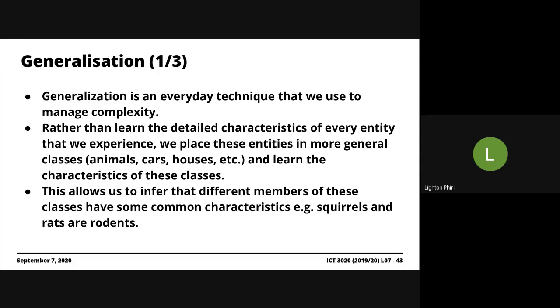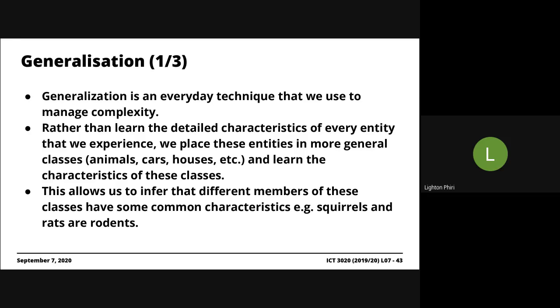In instances where you want to latch on to pre-existing characteristics of another class, instead of redefining those characteristics, you use a generalization to signal that there are certain things you're going to reuse from maybe the parent class.